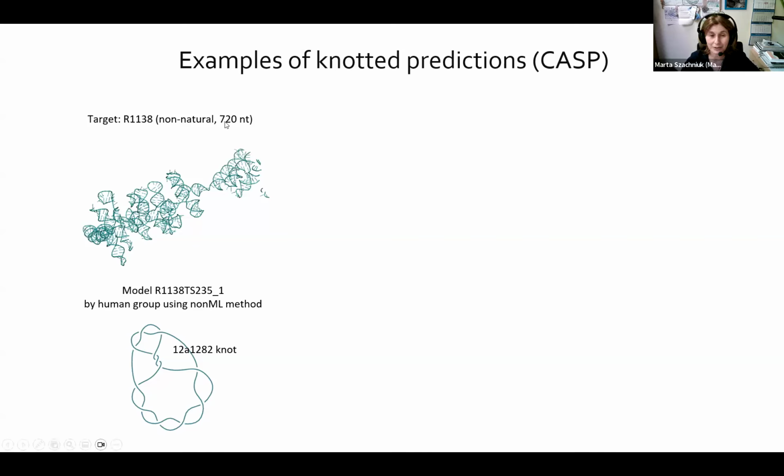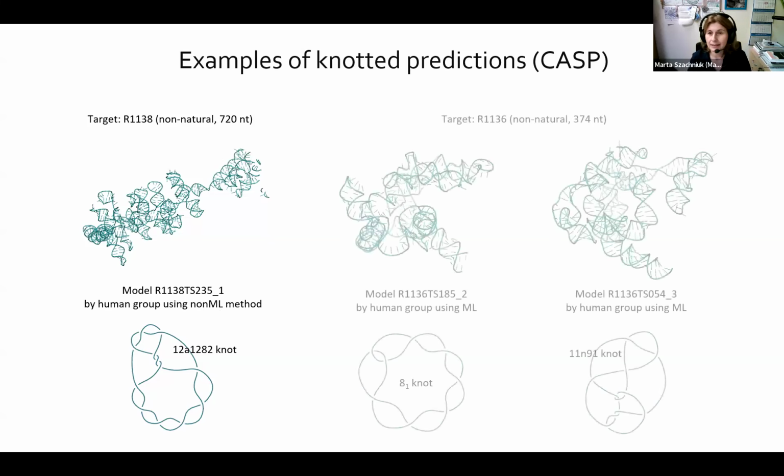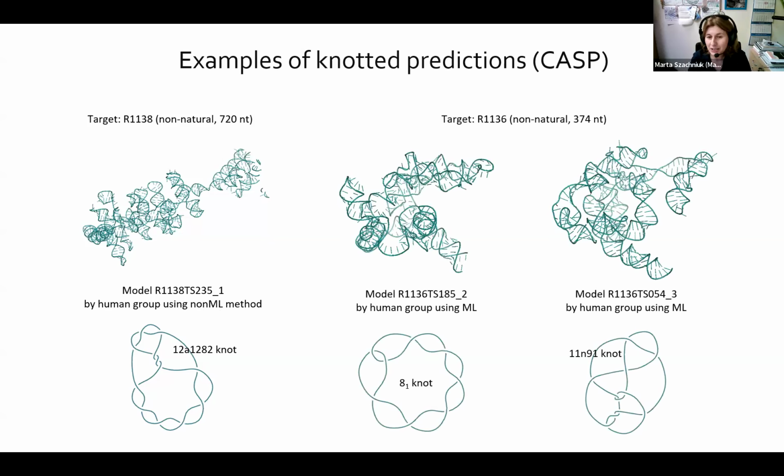This model includes an even more complex knot with 12 crossings. And here are two other predictions with some other topological knots. These predictions are for another target, which was smaller, but still the predictions contained quite complex topological knots.